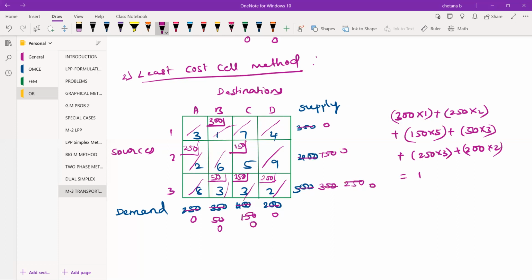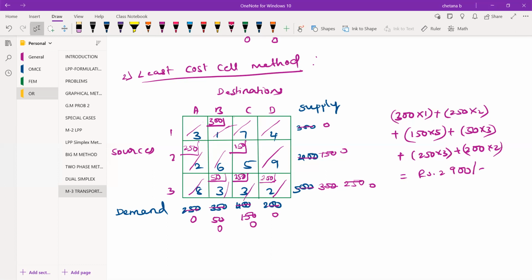So add this, we will get 2900. Check once, okay? Whether you're getting 2900 or no. Is that fine?